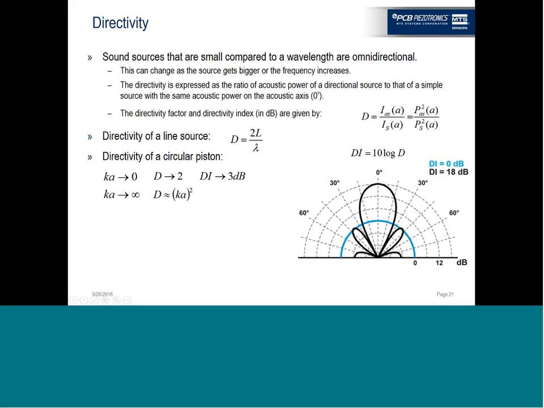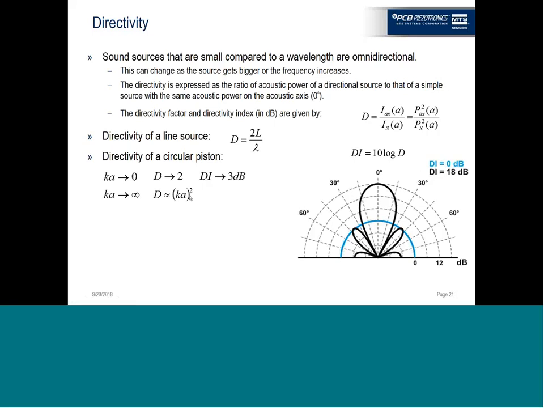And if your distance is very close to the piston, so Ka is your characteristic distance from the piston, your directivity is 2 and your directivity index is 3 dB, meaning if you're real close to the piston, if you're in front of it or off to the side of it, you may have 3 dB of difference in your sound measurement. If you're a far distance away where Ka approaches infinity, then your directivity is equivalent to the square of Ka. And that's just one example.